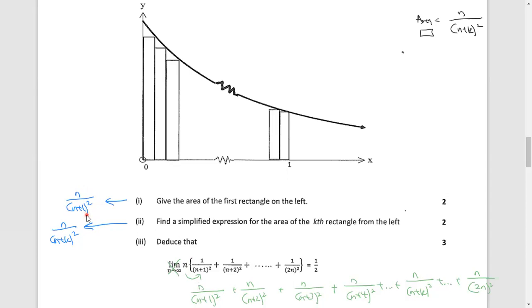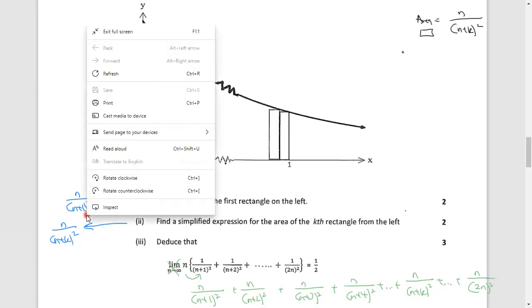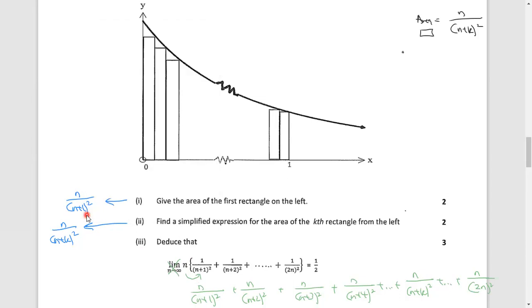Well, it is that. So that appears to represent the area of rectangle 1. And then here, n over (n plus 2) all squared. Well, if you think of this formula, the second rectangle is going to be n over (n plus 2) all squared. That's rectangle 2.